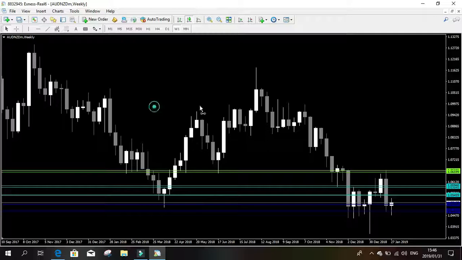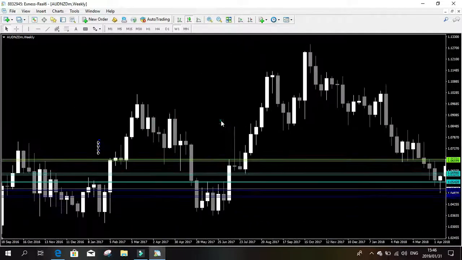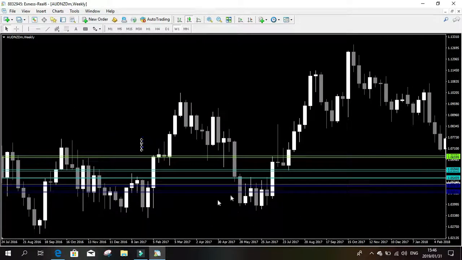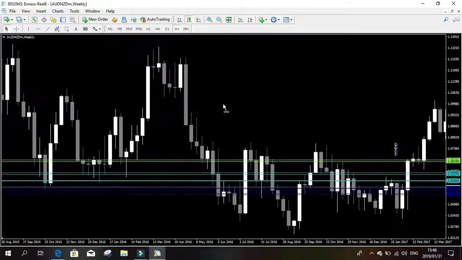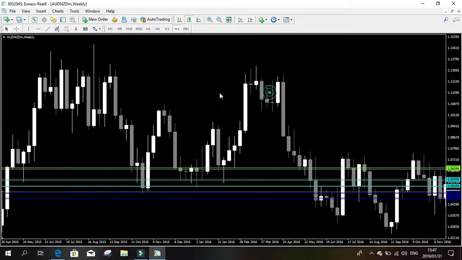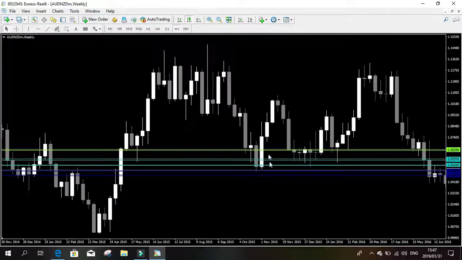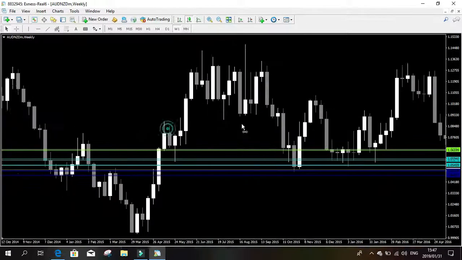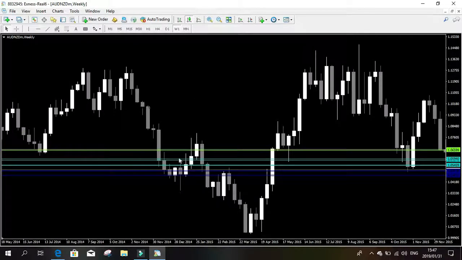And on a weekly chart, let's go back. So around the same demand zone, we have a lot of buying. A lot of buying around the same zone as well. And price always seems to respect the same zones. Again there.